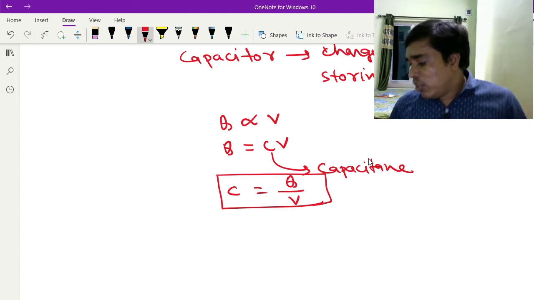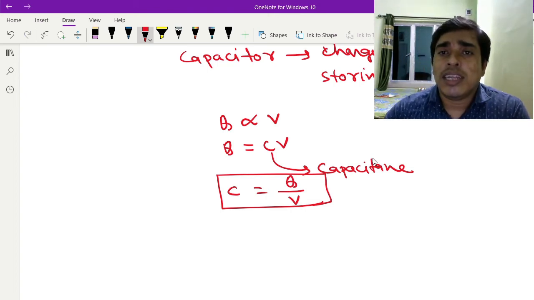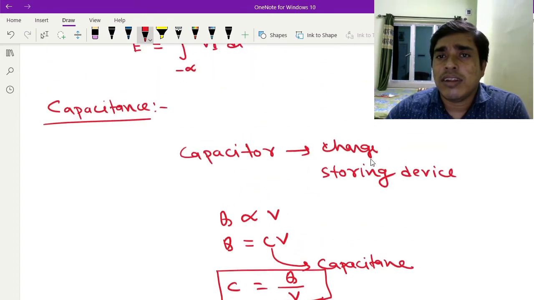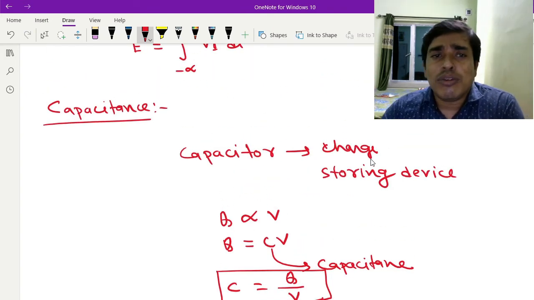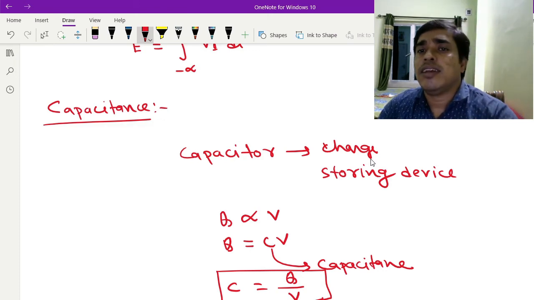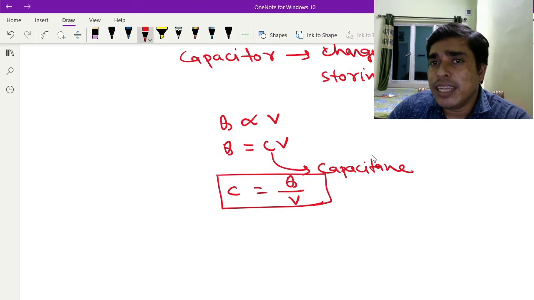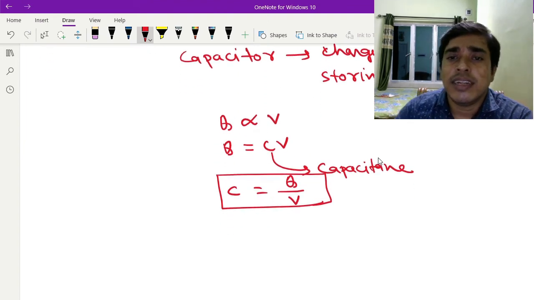Since it stores charge, it also stores energy. So what will be the energy stored by the capacitor?